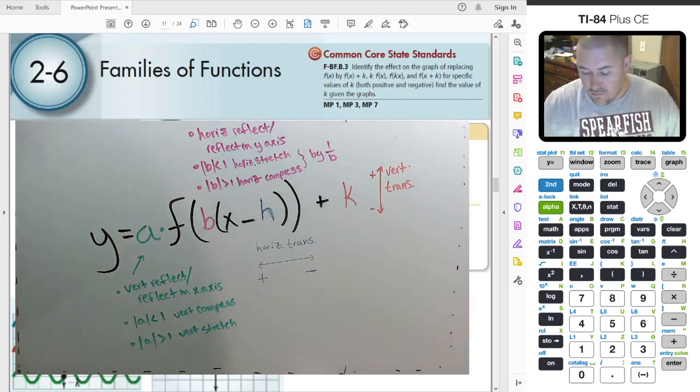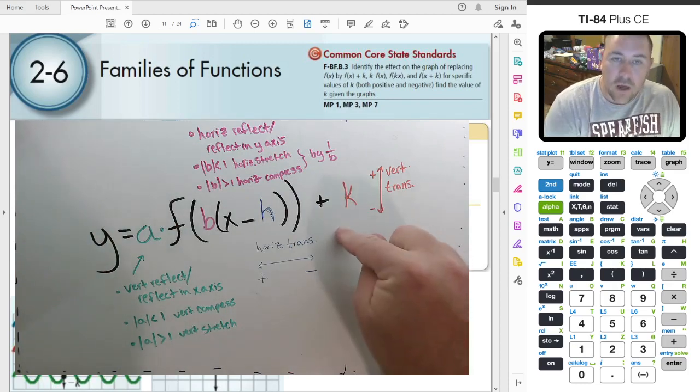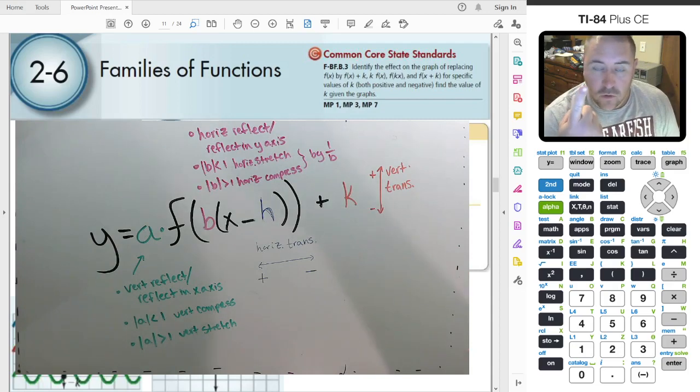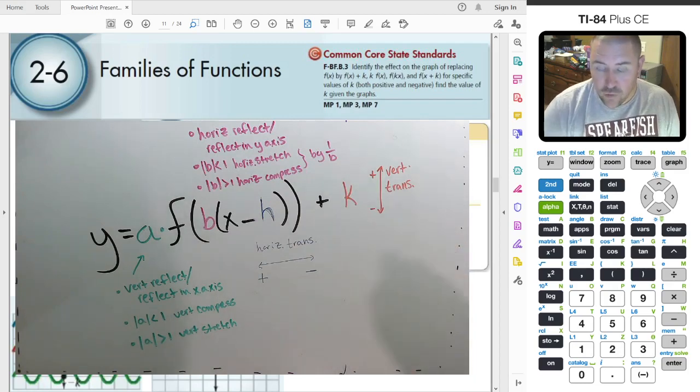Okay, this thing, this is like the holy grail of Algebra 2. We're going to come back to this thing in chapters 2, 4, 5, 6, 7, we're going to do rational functions. So chapters 8 or 9, I forget which it is. We're going to keep coming back to this thing, okay? Pretty important.